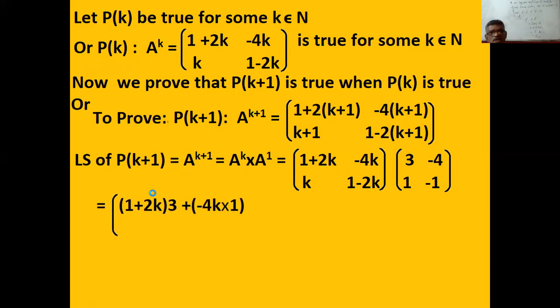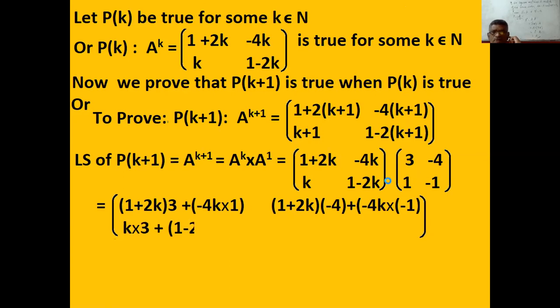Again we apply row column. First row, first column multiplication: 1+2k into 3 plus -4k into 1. Further, first row into second column: 1+2k into -4 plus -4k into -1. Further, second row with the first column.